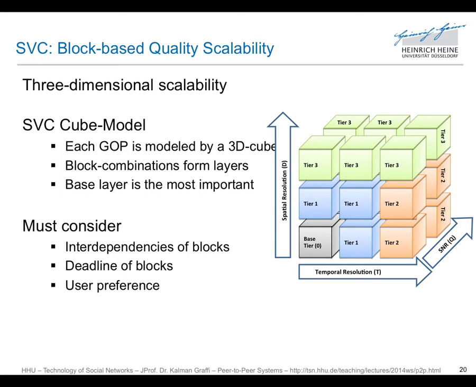Now each chunk, remember, is split into these different blocks. It makes it a little more difficult to decide, every time you exchange your packets and your data, not just which chunk you want to download, but also which blocks in that chunk you want to download. But of course it's doable.